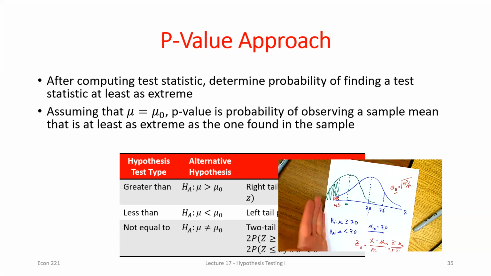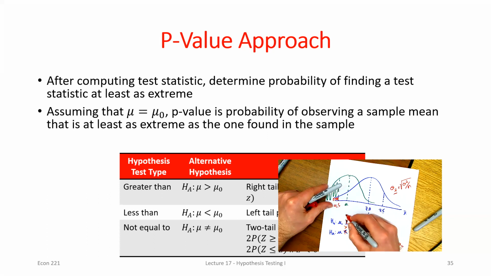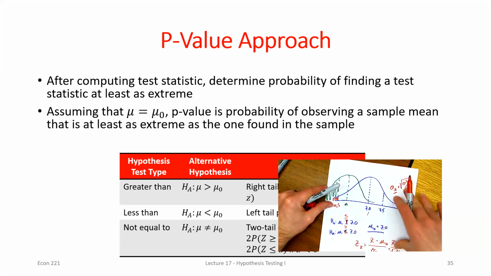Okay. Now for a right-tailed test, or greater than test, well, now the only thing that goes against the null is things that are on the right-hand side.